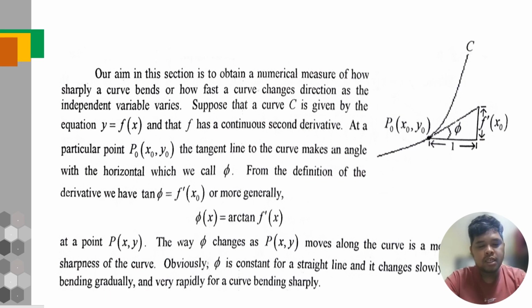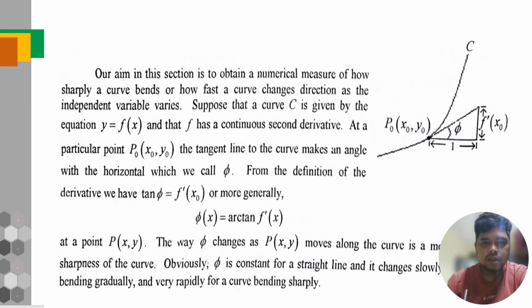So at a point P, the way phi changes as P moves along the curve is, ano to? Okay. And sharpness of the curve, and obviously phi is a constant for a straight line and it changes slowly and bending gradually and very rapidly for a curve bending sharp.